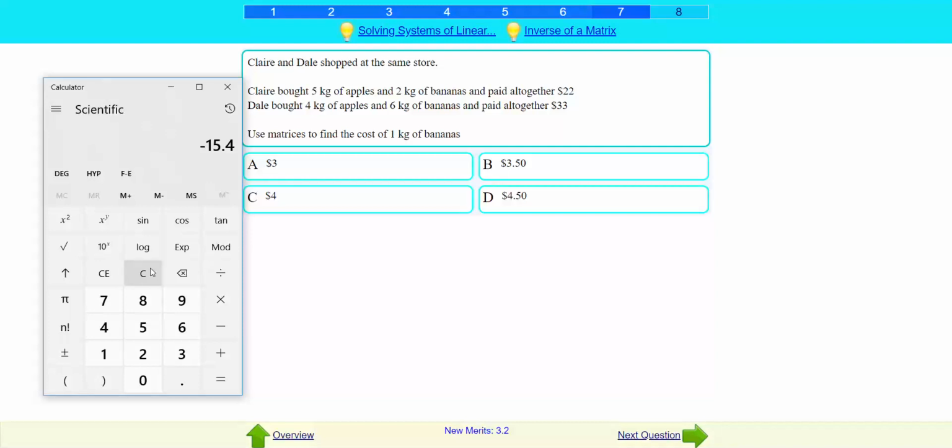So when we have negative 15.4 divided by negative 4.4, we get an 11 there. How is this even possible?